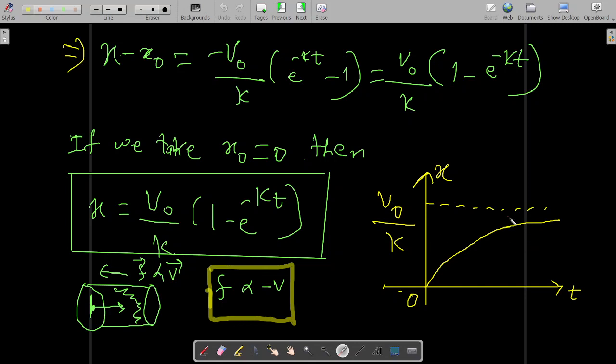If v naught increases, the height of this dotted line will increase, but the nature of the curve will remain like this because it is 1 minus exponential, and whenever a constant minus exponential function is there, you know very well that the graph looks something like this.